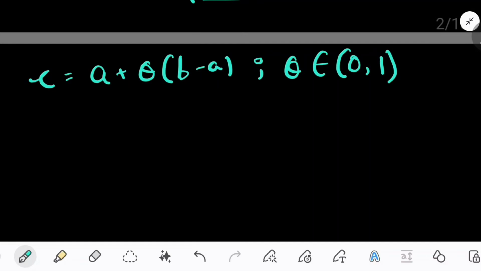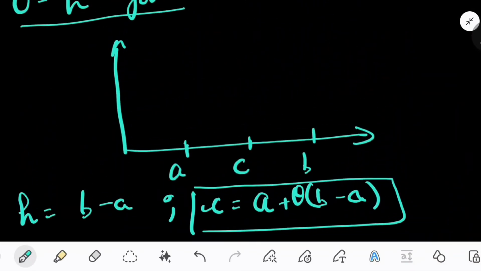In that case, you can't put theta as 0 and 1 since you are using the open brackets, but we are forcefully trying to put theta as 0 and 1, and we are getting A to B. We are getting the boundary limits, which means between 0 to 1 we will get the value of C, right? I hope you are understanding. For theta from 0 to 1 you will get this region, right?